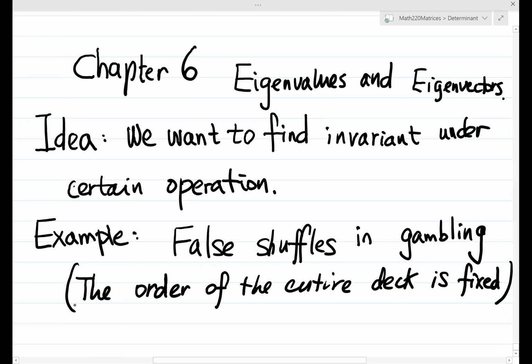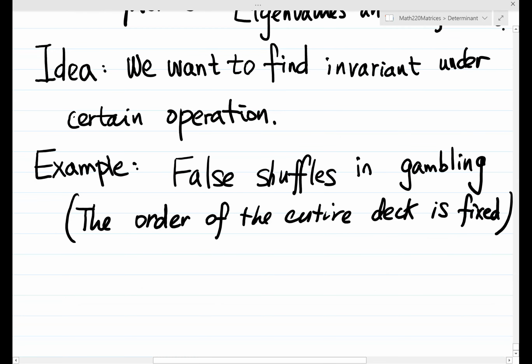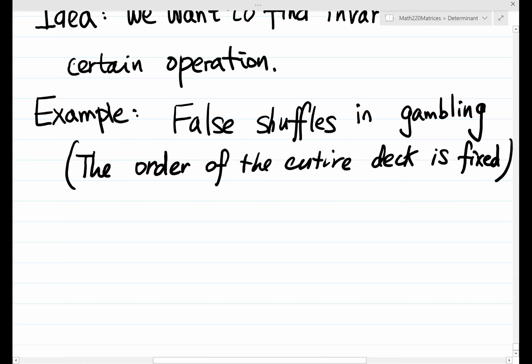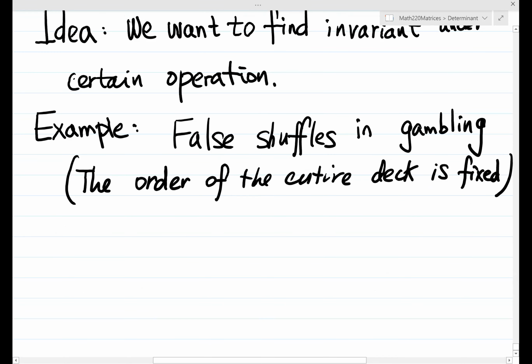Under this shuffle, you can keep this order, such that many people use this to cheat in the casino. So this is one example, where we want to know the invariant of certain operations.